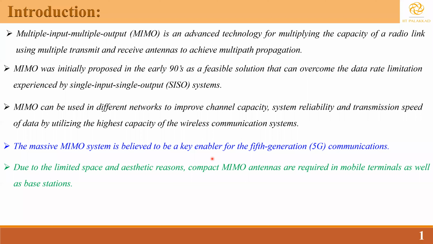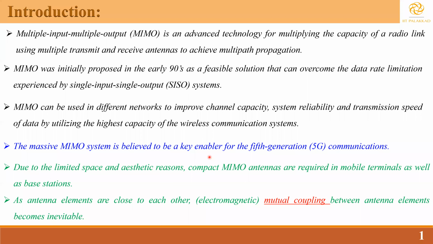You are placing each individual antenna nearby, and then there is crosstalk between them, which is defined as mutual coupling. As the antenna elements are close to each other, the mutual coupling between the antenna elements will be inevitable, and you don't want that.